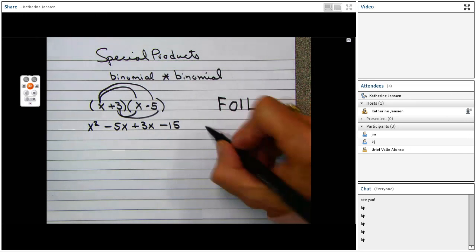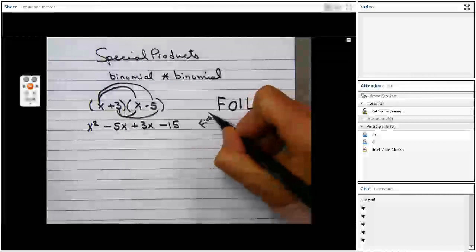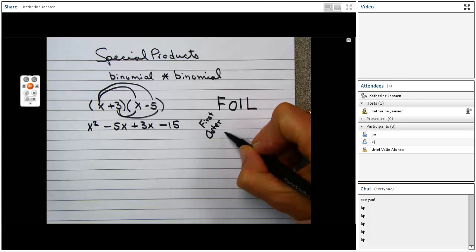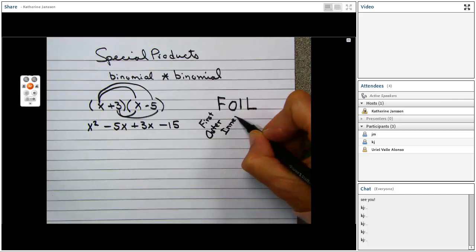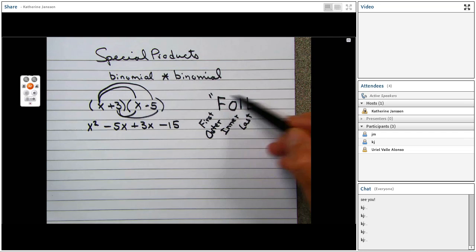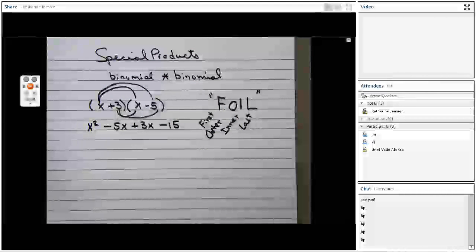So FOIL stands for first, outer, inner, last. So it's one of those helpful, kind of silly mnemonic reminders that when we have a binomial times a binomial, we can use FOIL.